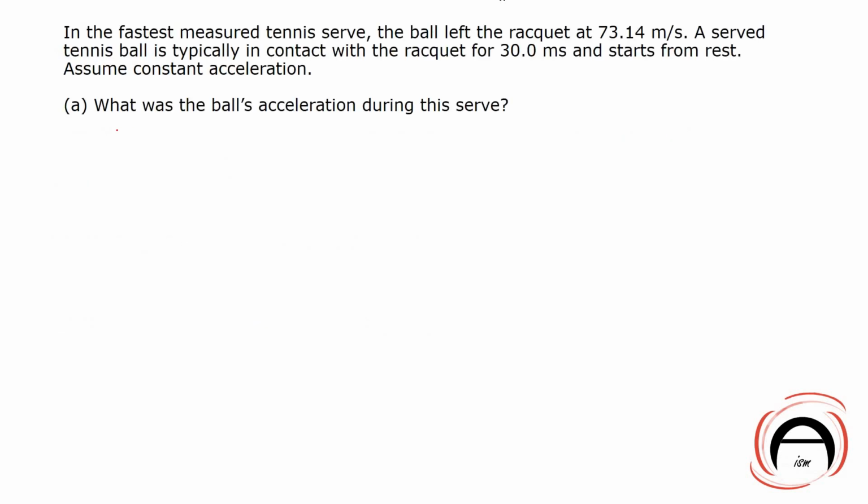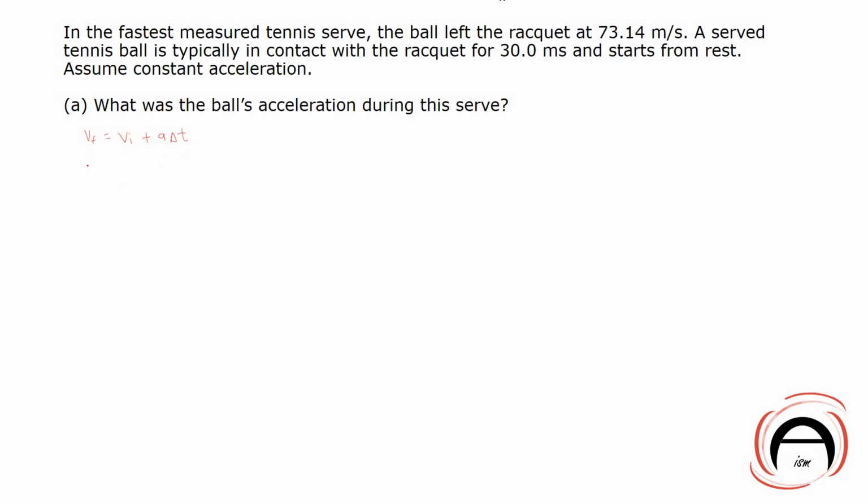Okay, so part A. Since this is a constant acceleration problem, what we need to do is write down all the kinematic equations and figure out which one we're going to use. If you watch the video on deriving the constant acceleration kinematic equations, you'll remember that our first equation is final velocity equals initial velocity plus acceleration times delta t.